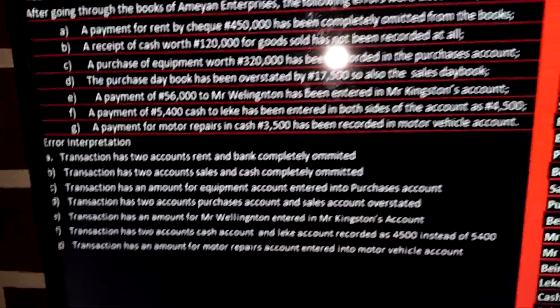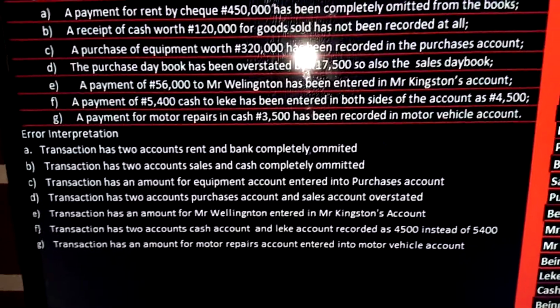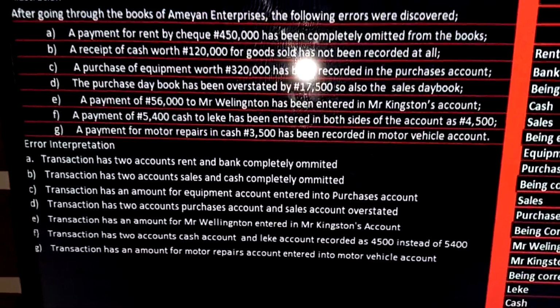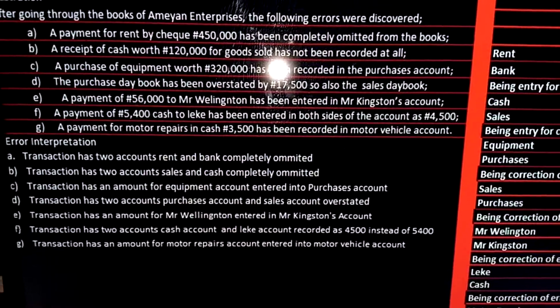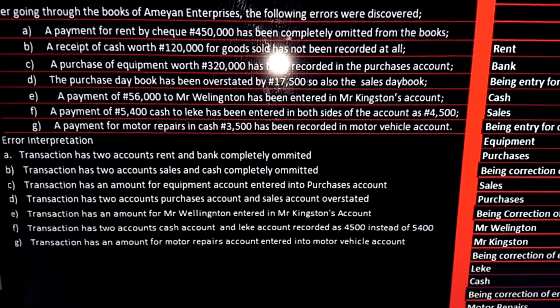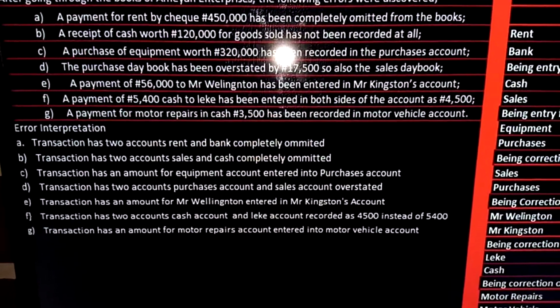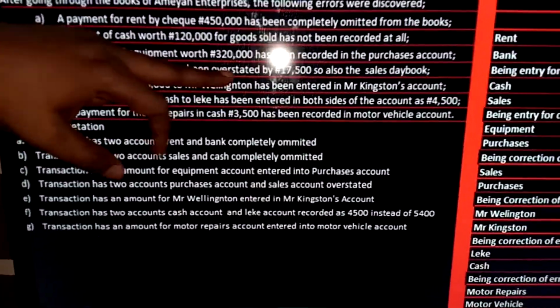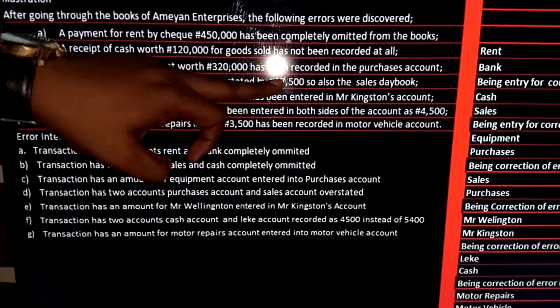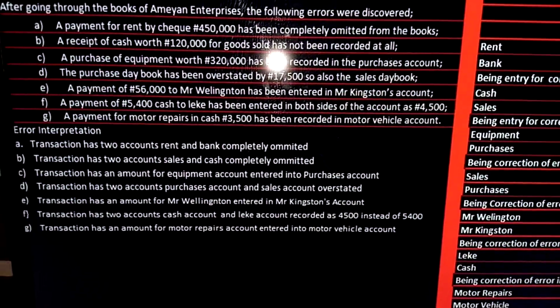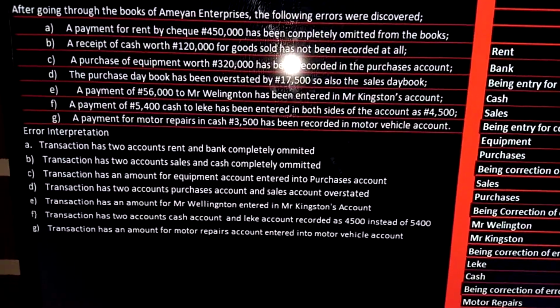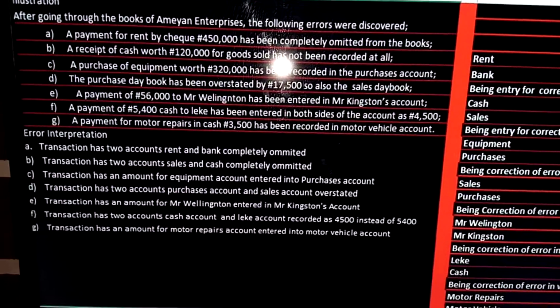To overstate means to enter a value higher than what ought to be entered. Instead of entering 10 naira, you entered 15 naira. Instead of entering 20, you entered 25. That's what they call overstatement. So they are saying that the purchase day book has been overstated by 17.5. So also the sales day book. So the purchase day book is overstated, the sales day book is overstated. So we have to bring it down.